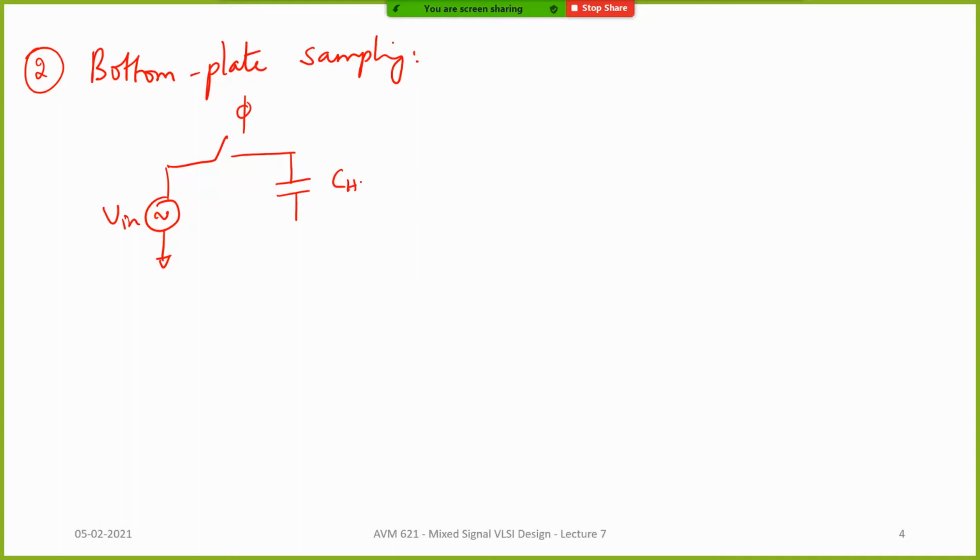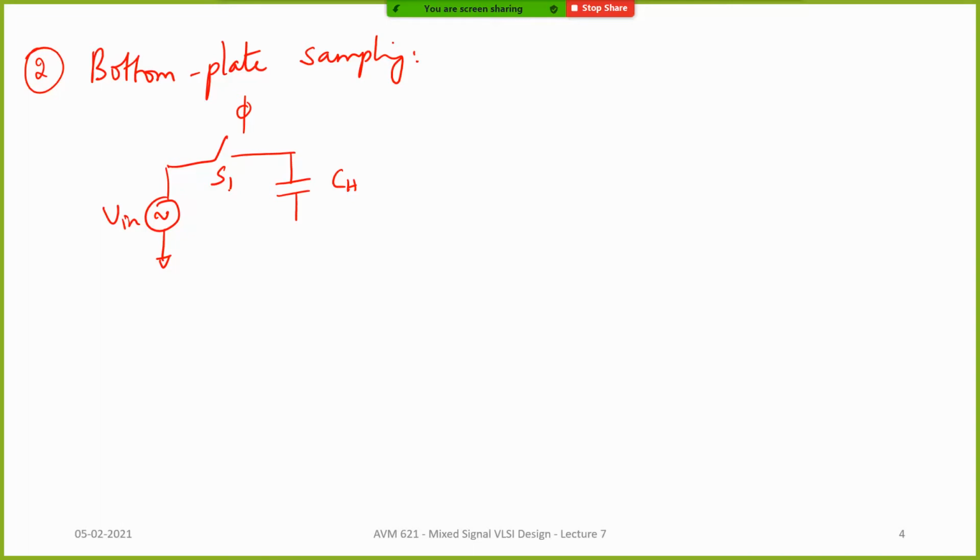Now the concept behind bottom plate sampling is this. The extra charge coming from the switch, let me call it switch S1, that charge can flow into the capacitor only if there is a current path through the capacitor. Correct? Any capacitor can charge only if there is a current path.